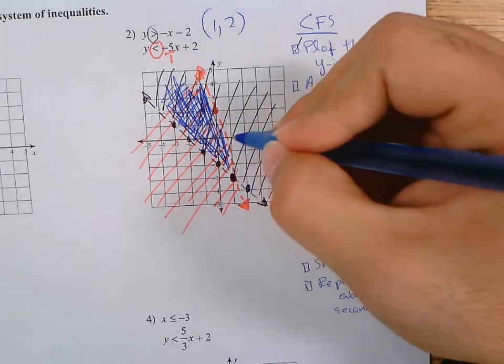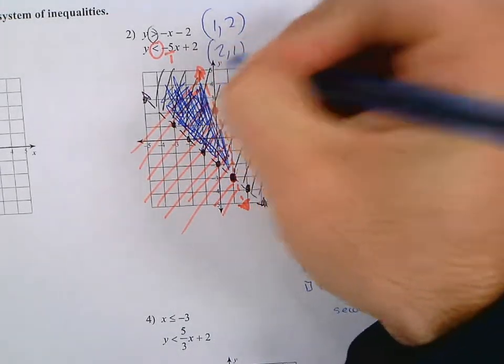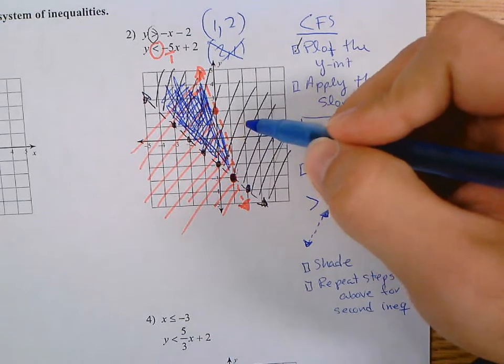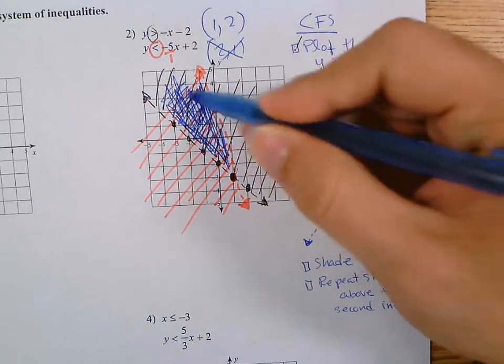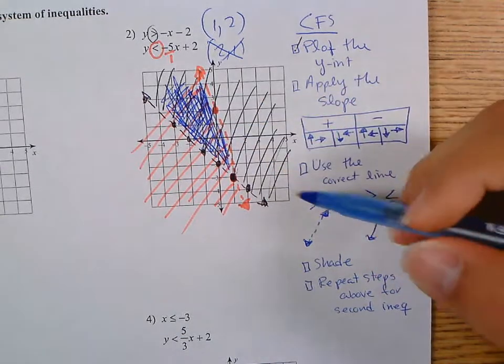On the other hand, (2, 1) is not part of my solution set. It is not part of my solution set because it falls outside of where the shading overlaps.